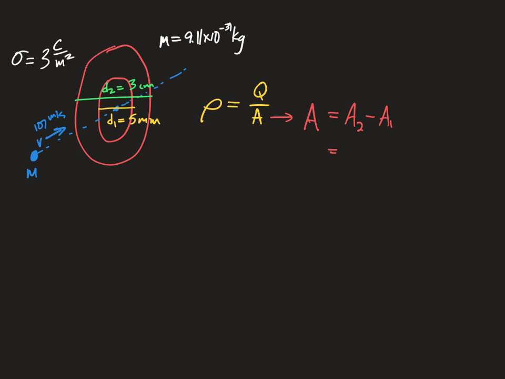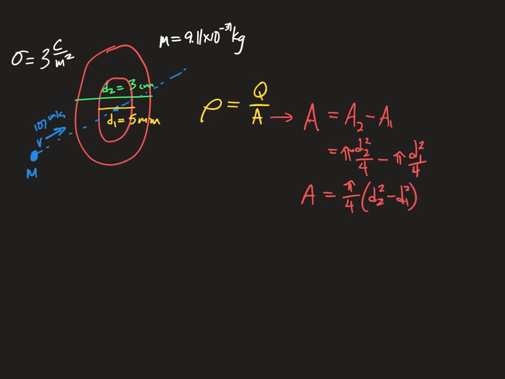So we'll have pi d2 squared over 4 minus pi d1 squared over 4. So that means our area could really be thought of as pi over 4 times d2 squared minus d1 squared.